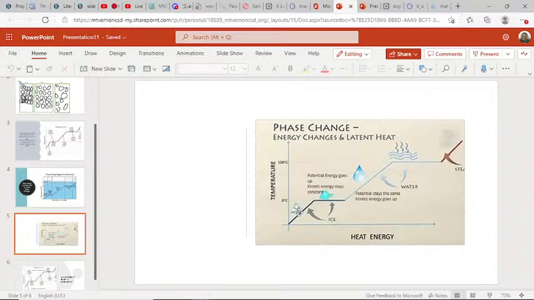When it's on a slope, the potential energy stays the same, but the kinetic energy goes up. Whereas on a straight line, the potential energy goes up, but the kinetic energy stays constant.